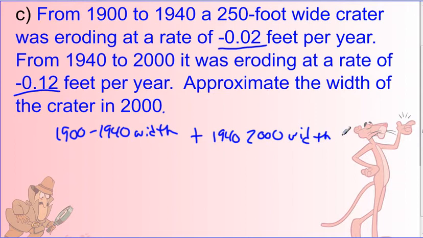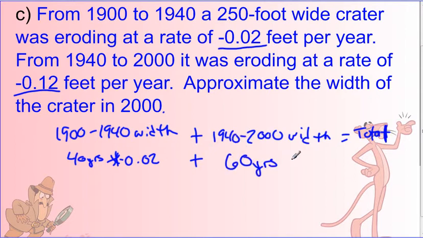And I want to know the total width of the hole now. So this is 40 years times 0.02 feet each year. This is 60 years times negative 0.12 feet each year. And that would give us our total.